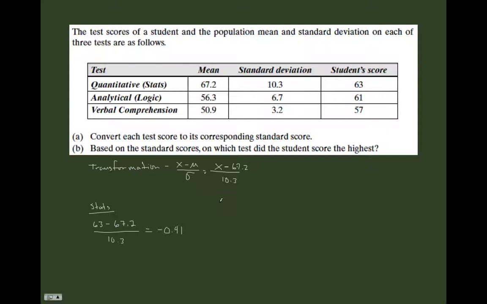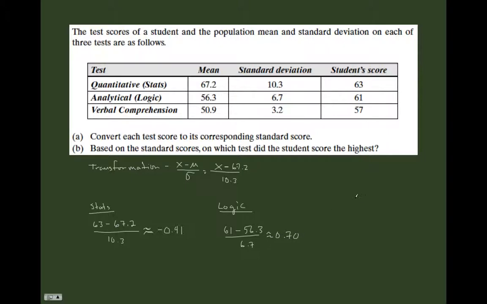And then we'll do the same calculation for logic. The student score was a 61, the mean score was a 56.3, divided by 6.7. And what we get is approximately 0.70. I rounded this off.